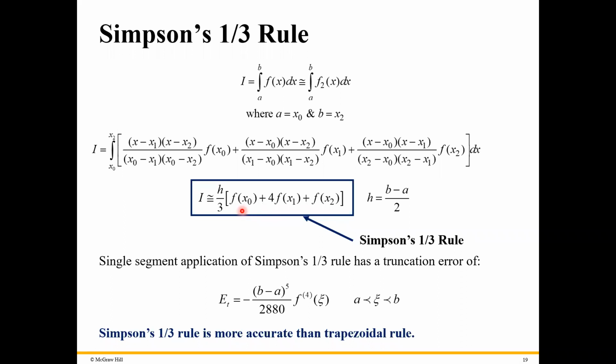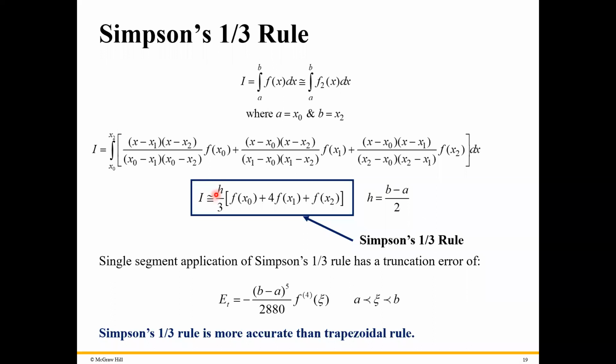The first term and the last term are multiplied by a coefficient of 1, whereas the middle term is multiplied by a coefficient of 4, and then the whole sum is divided by 3 and multiplied by h, where h is equal to b minus a divided by 2.